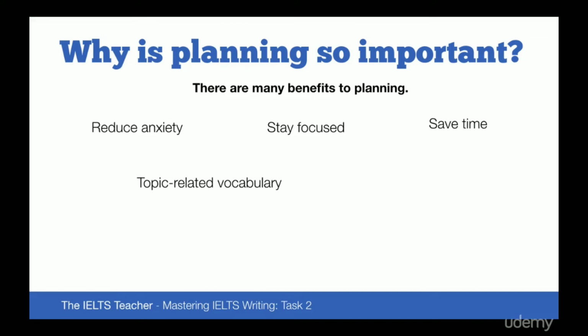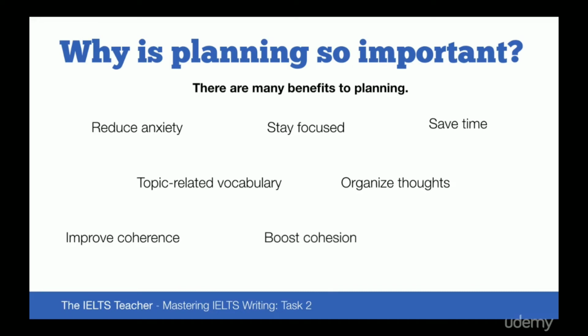Helps you to think about topic-related vocabulary, thus boosting your score in lexical resource. Can help you to organize your thoughts logically and coherently, thus boosting your score in coherence and cohesion. It can improve your general sense of coherence, again boosting that same score.